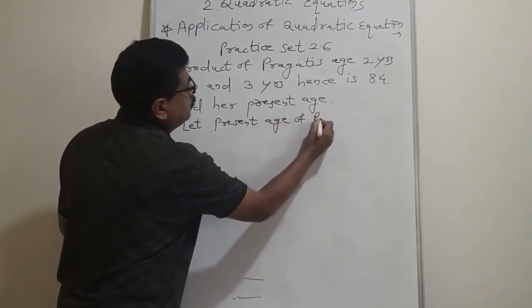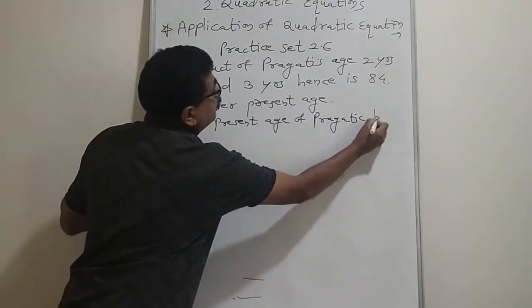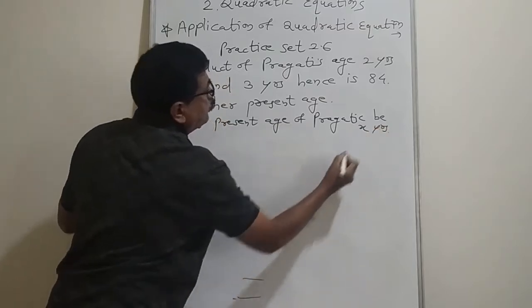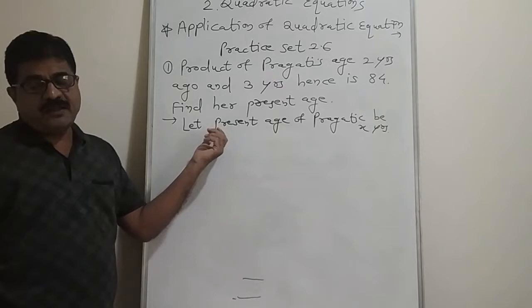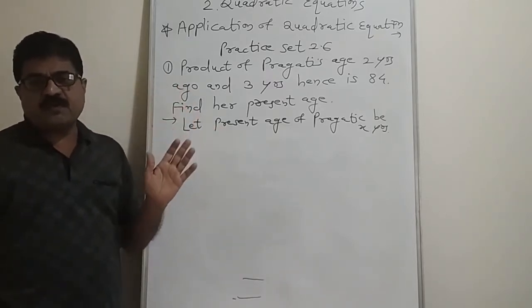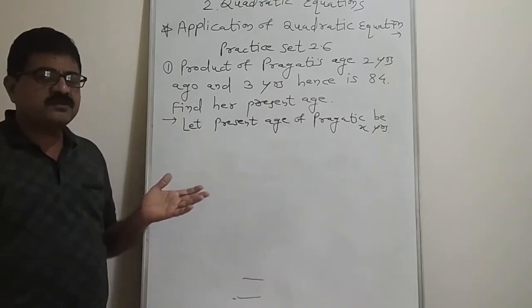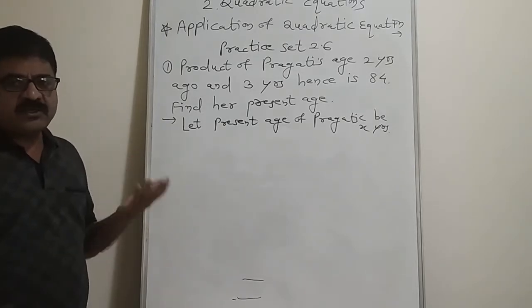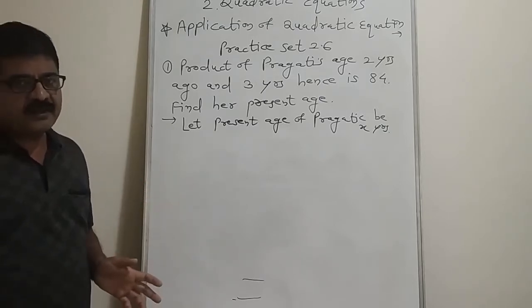Let present age of Pragati be X years. Now, if present age of Pragati is 10 years, before 2 years, her age becomes 10 minus 2, that is 8 years. After 3 years, that is 10 plus 3 is equal to 13 years.